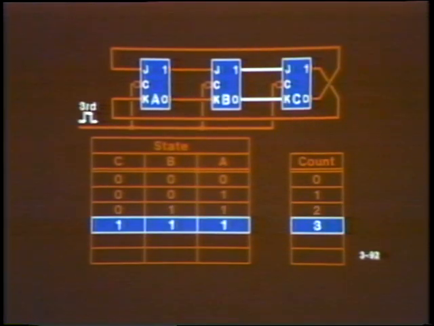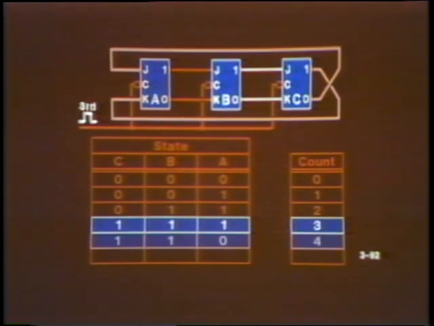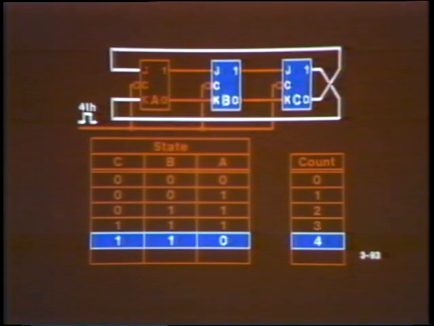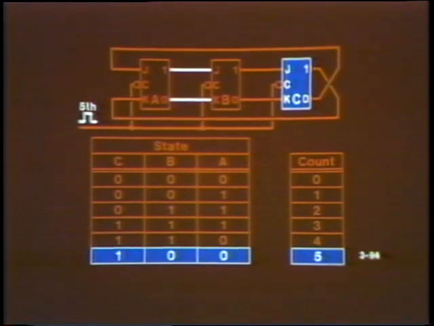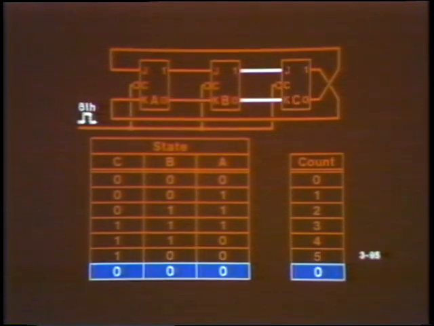Neither A nor B changes. When the fourth clock pulse occurs, however, A resets because of the switch ring connection. At the fifth clock pulse, B resets. And finally, at the sixth clock pulse, C resets.